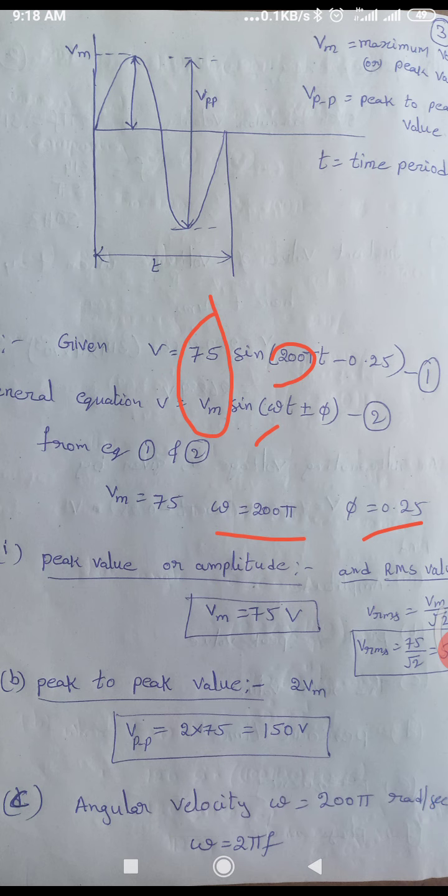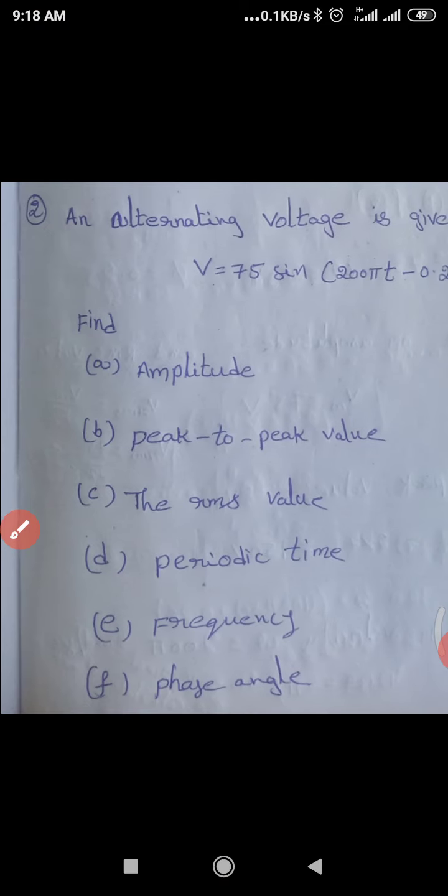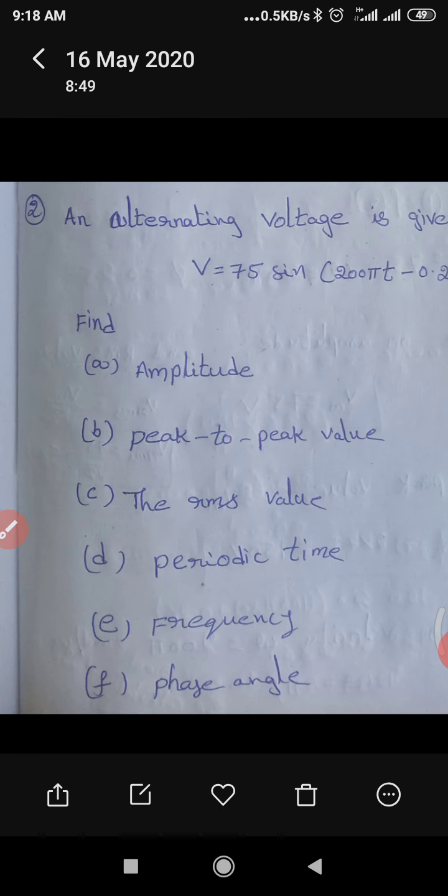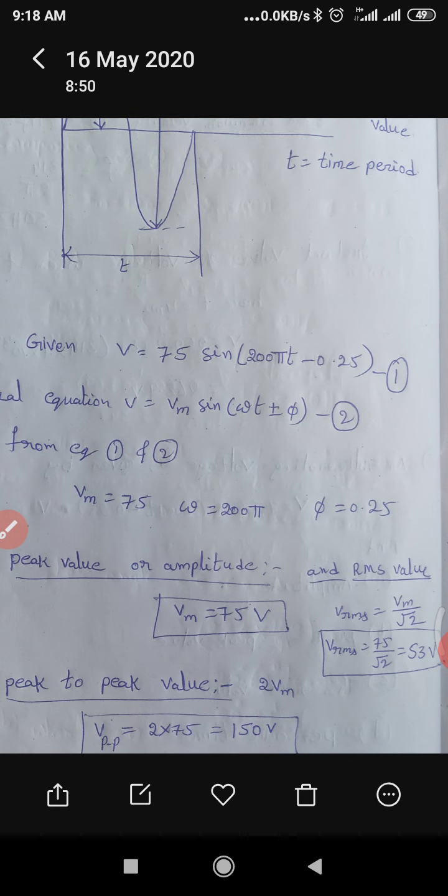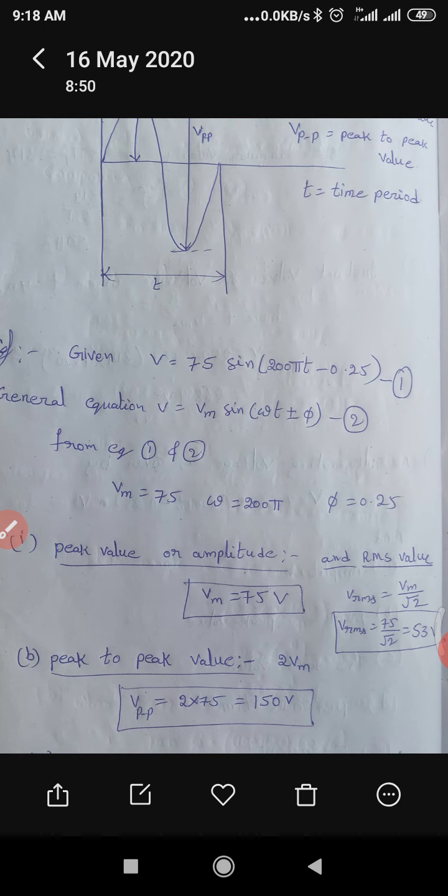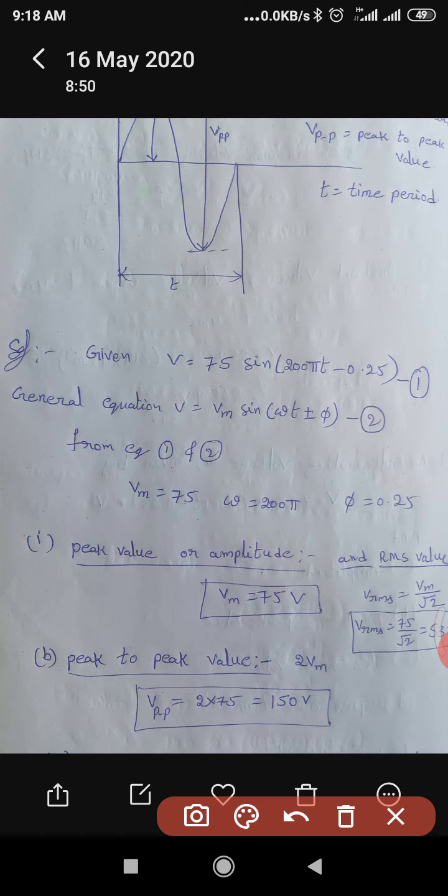So let us see the first one, amplitude. Amplitude means nothing but the peak value. So we get this peak value by taking this one, this is nothing but Vm. So here we consider Vm is equal to 75.